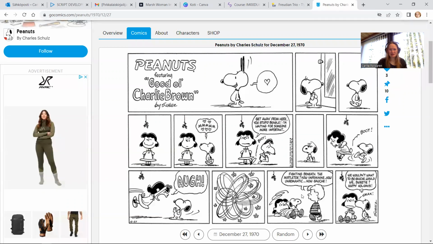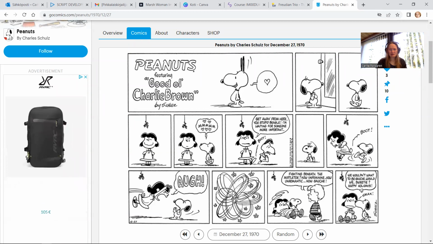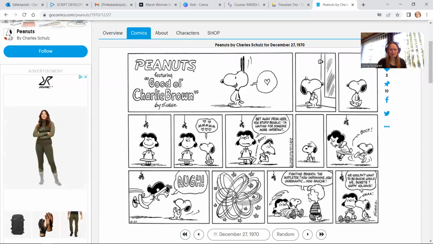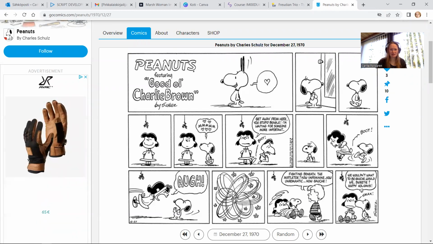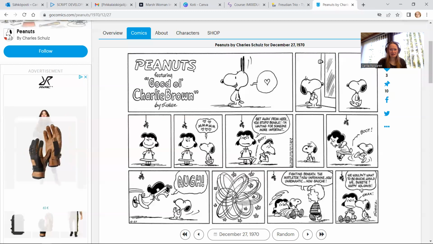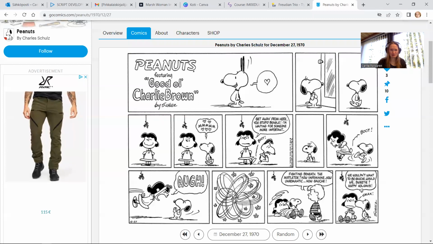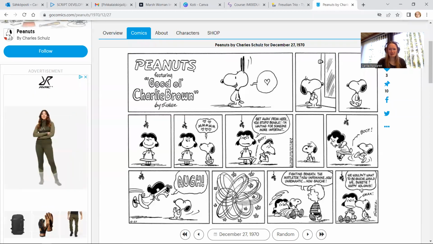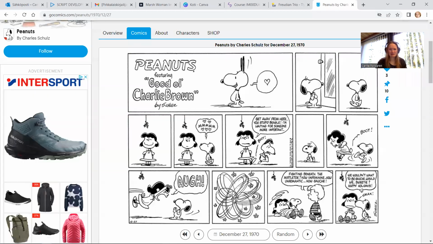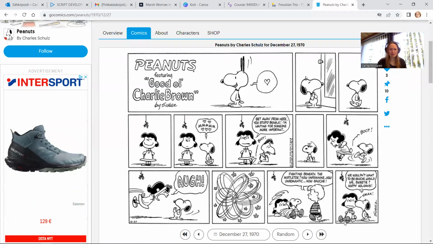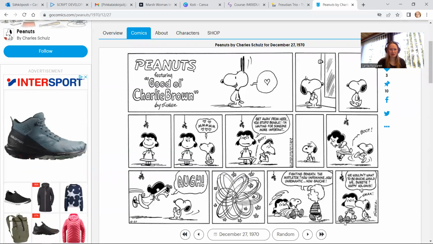And of course here with Schroeder, who Lucy is constantly in love with and who never reciprocates her feelings, it's clear to the reader, at least, that they will never become an item. And the despair that Lucy has at the end is the despair of the comic in general.